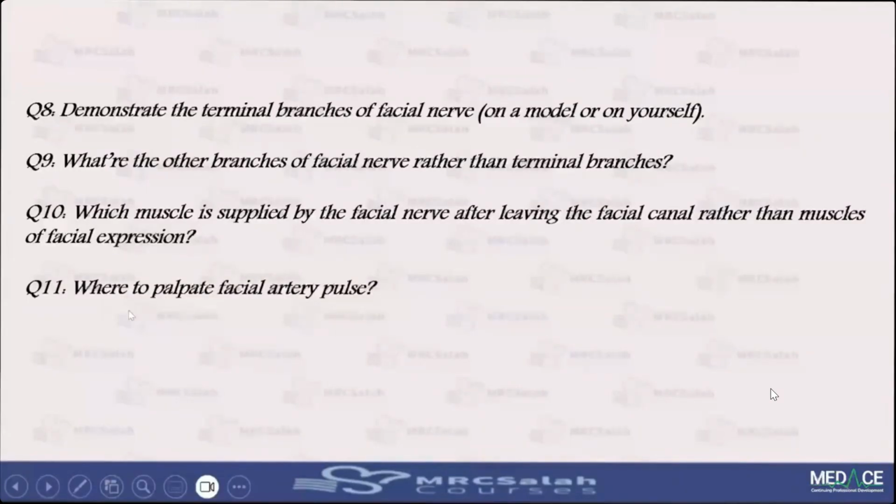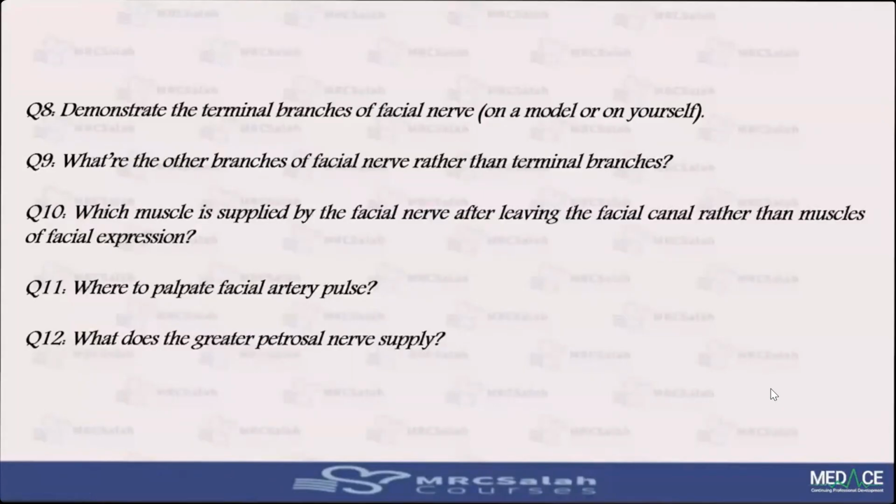Yes. Where to palpate the facial artery pulse? At the angle of the mandible, just anterior to the masseter muscle. Good. What does the greater petrosal nerve supply? Lacrimal gland. Yes, it does.